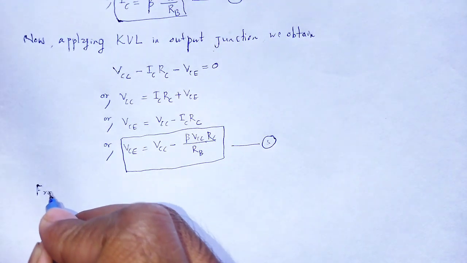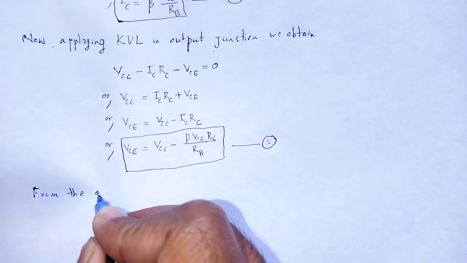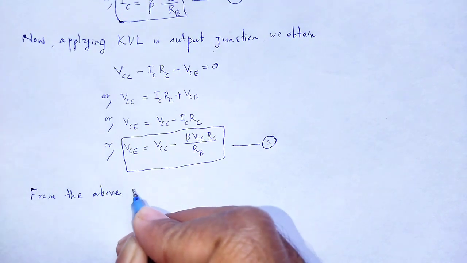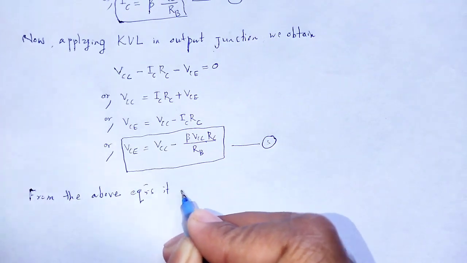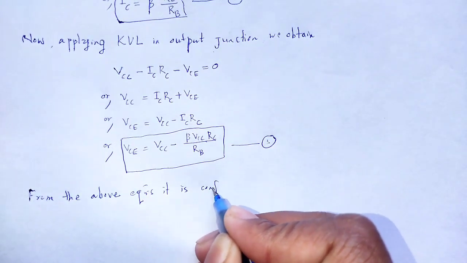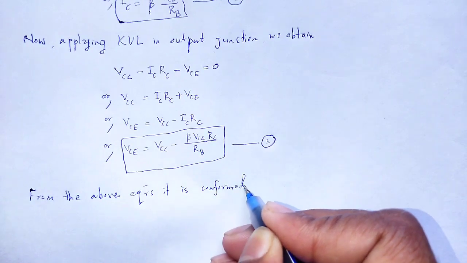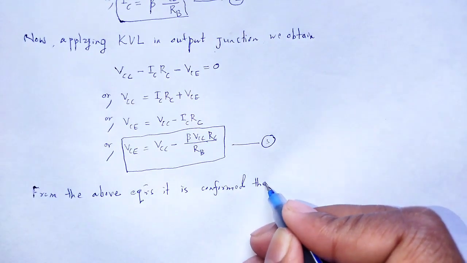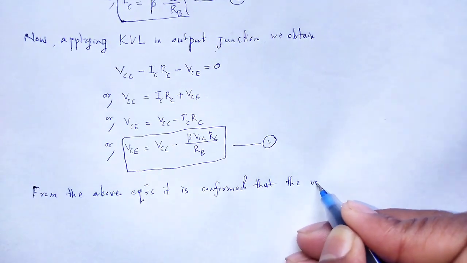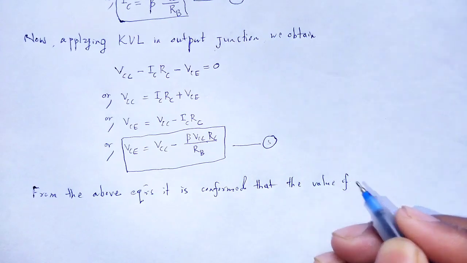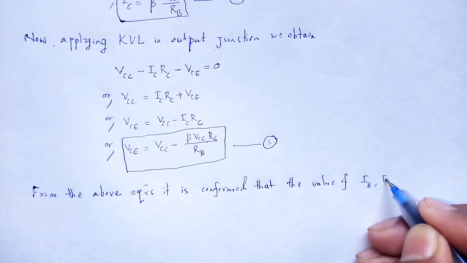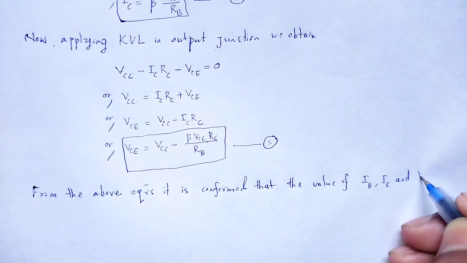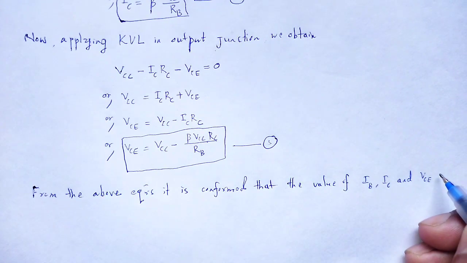From the above equations, it is confirmed that the values of IB, IC and VCE are fixed.